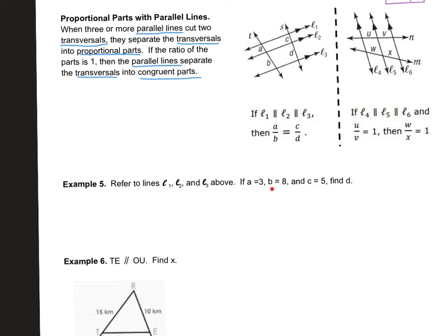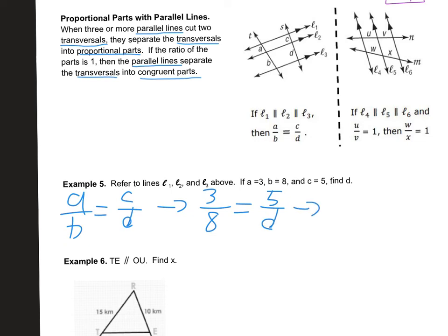A is 3, B is 8, C is 5, find D. So we've established that 1, 2, and 3 are parallel. Therefore, we can use our proportional here and say that A to B must be equal to C to D. Pulling what we know, 3 to 8 must be equal to 5 to D.